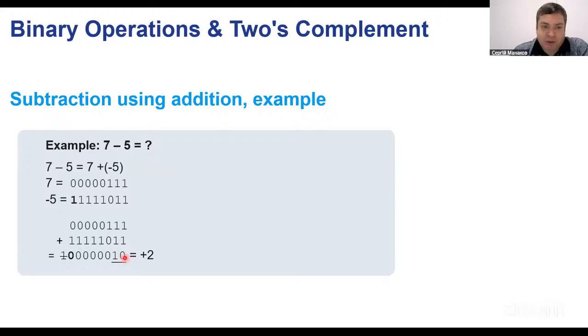The least significant bit is always from the right side. It is 0. And the 1 is being transferred to the left, to the next digit. So in the next digit, we have 1 plus 1 and plus another 1 from the previous step. So we have even 3 ones here. We know that 3 ones makes 3, but 3 in binary is 1 1.